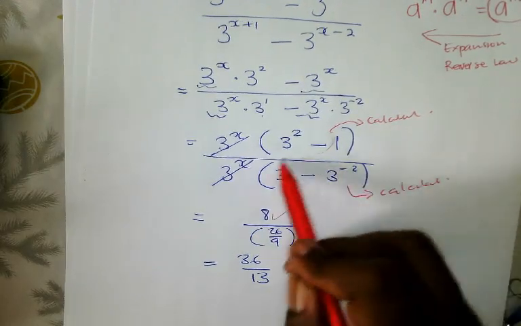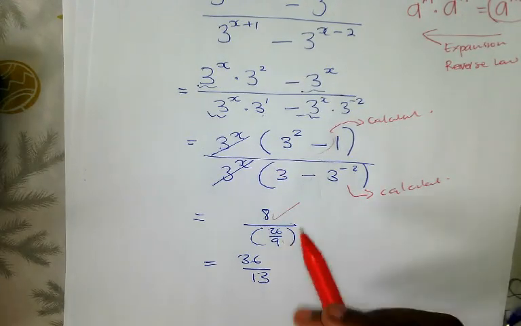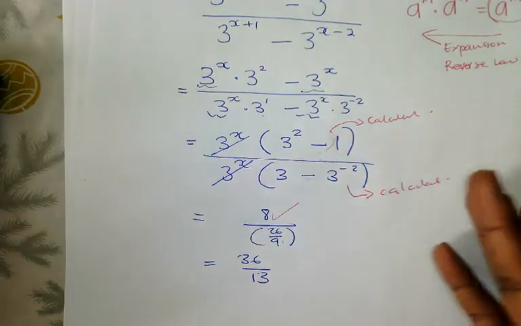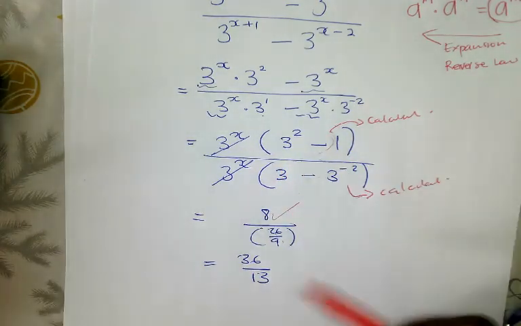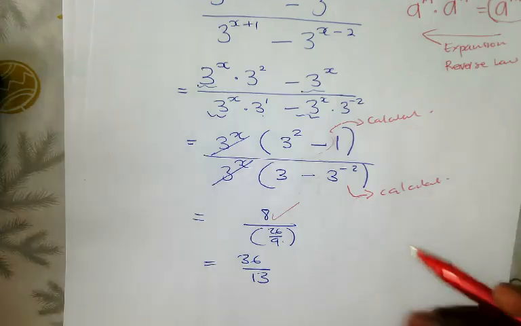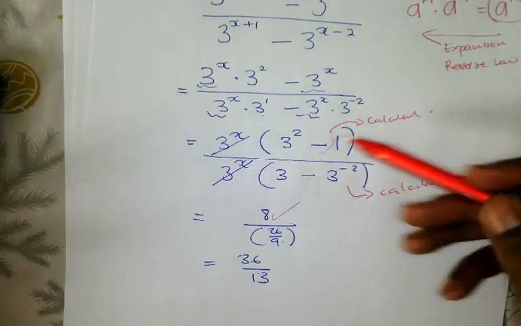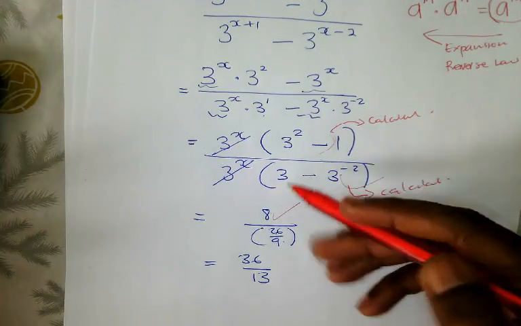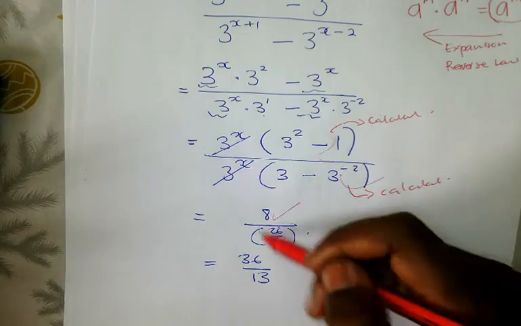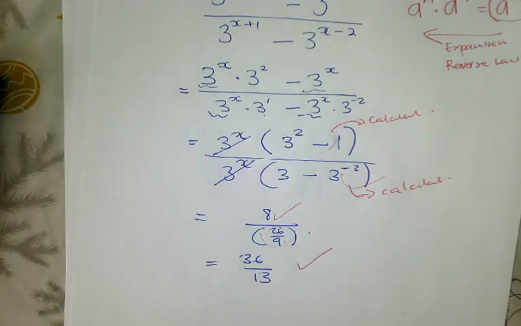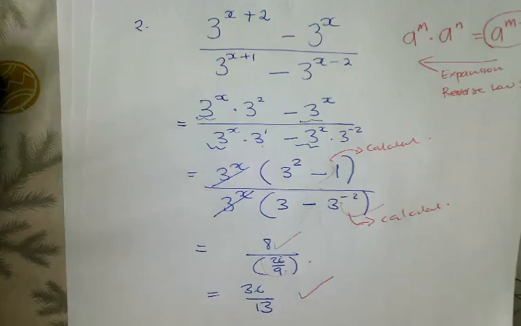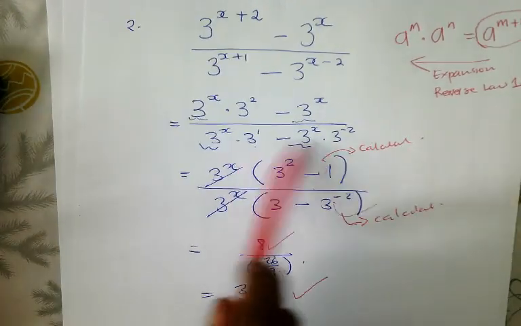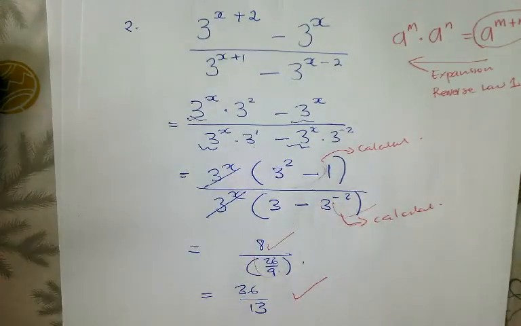If you try to work it out, it might get messy dealing with fractions and negative numbers there. But just use the calculator, put the answer there, press the whole thing, and then voila. The most important thing, you need to know how to break this down, factorize. Once you are here, the calculator can do it for you.